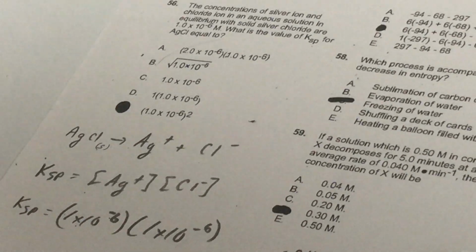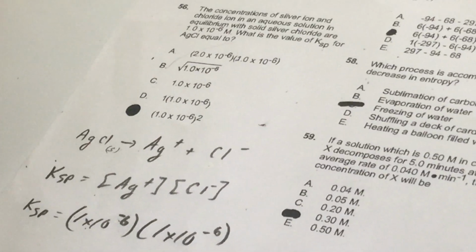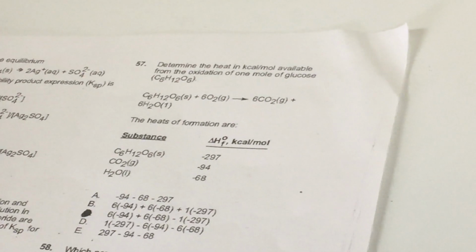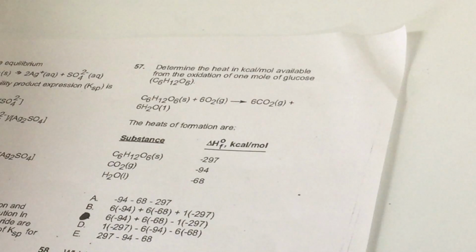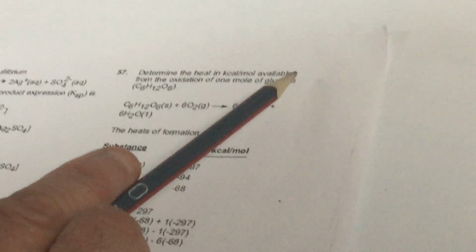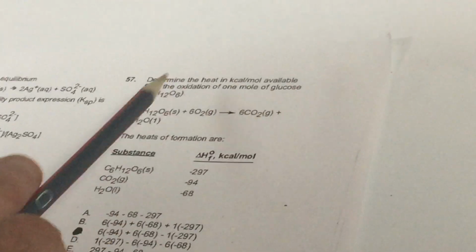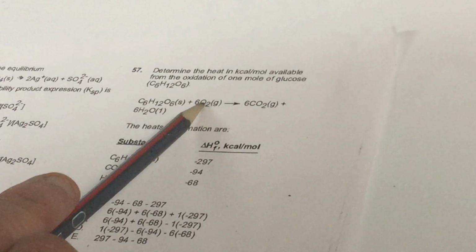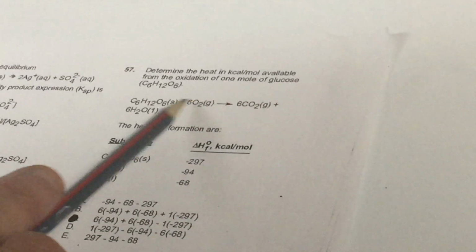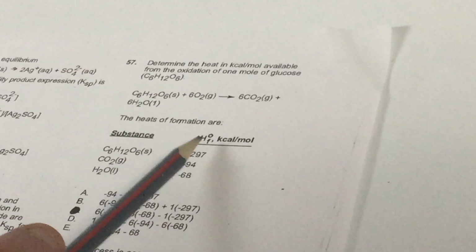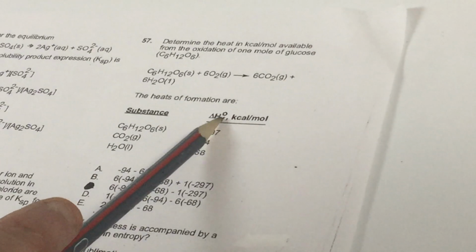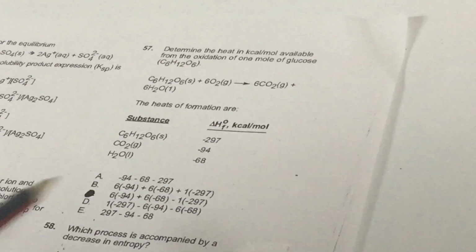All right, for number 57, I'm going to be using this equation. The delta H is the sum of the delta H of the products minus the sum of the delta H of the reactants. It says to determine the heat in kilocalories per mole for the oxidation of a mole of glucose. And they give you the reactants and the products and the heat of formation. The minute you see heat of formation, you know to use products minus the reactants.